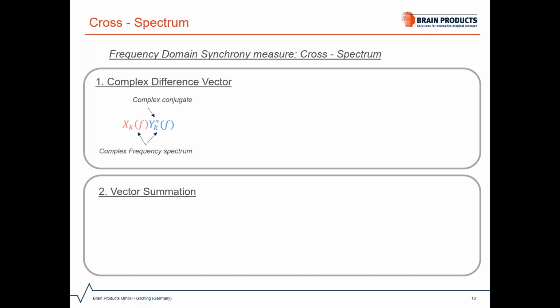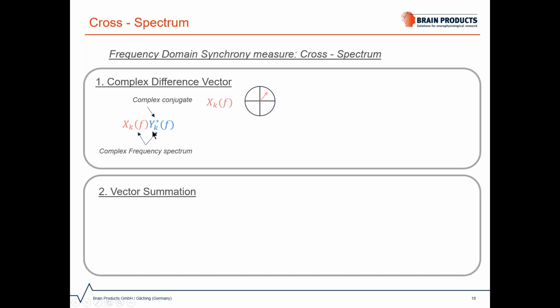So we need either the complex Fourier spectrum, which can be computed from the FFT, or the time-resolved complex wavelet coefficients given by the wavelet transformation. The difference vector is computed via the multiplication of the complex spectrum with the conjugate of the complex spectrum of the other signal. But let me visualize what that means.